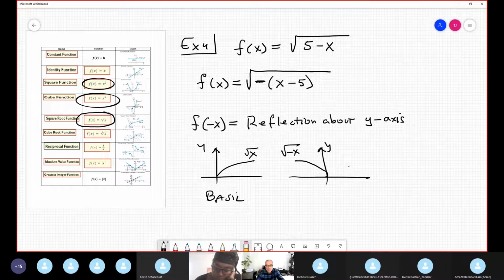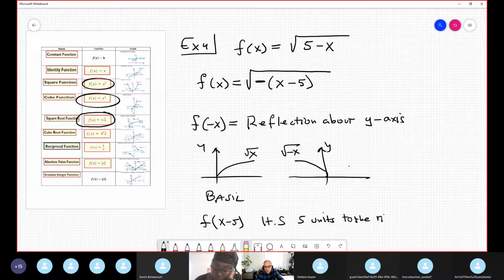After that, x minus 5 represents a horizontal shift. 5 units, in this case to the right, because it's negative, no? And since it's to the right, my last transformation looks like that. Something like that.